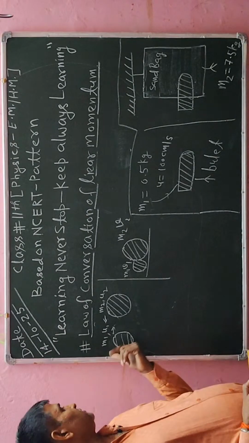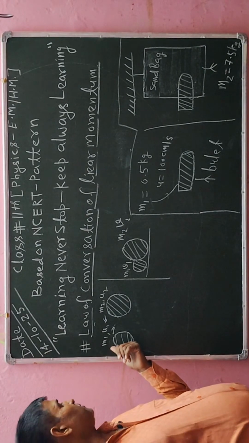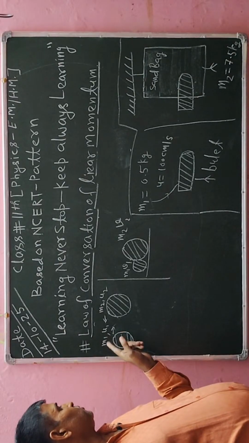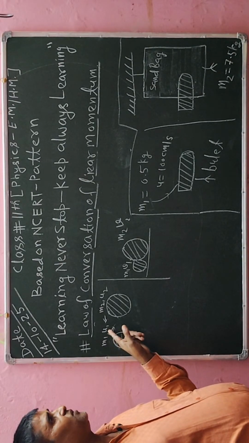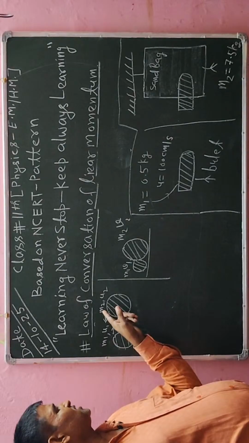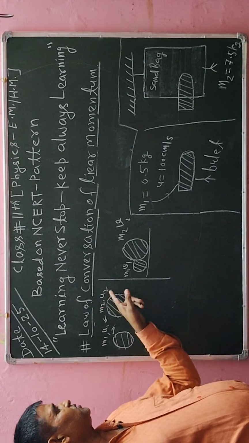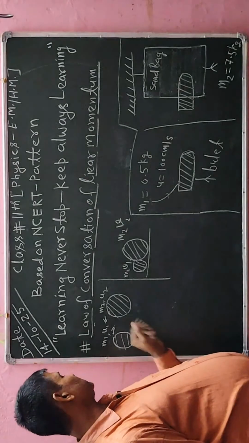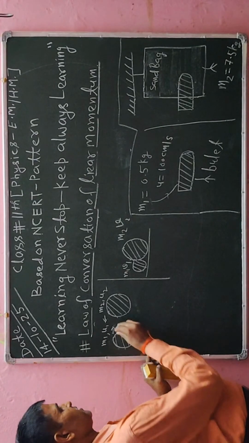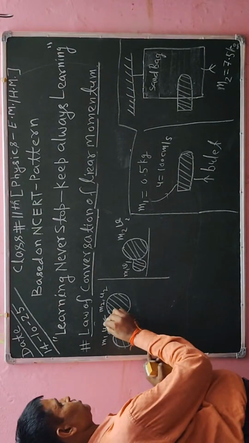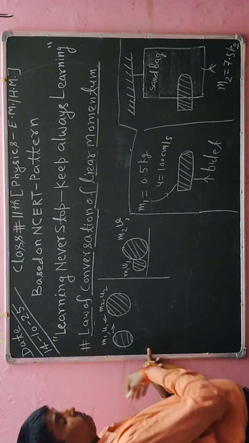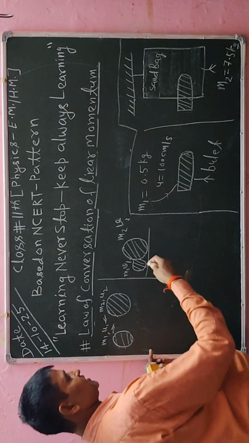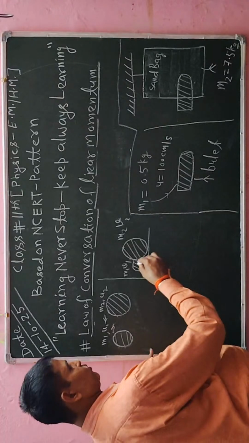If one object has mass m1 and its initial velocity is u1, and the other object has mass m2 and its velocity is u2. Similarly, I have taken, because this object is moving in the forward direction, and the second object is moving in the backward direction, so at an instant of time both objects will collide with each other.